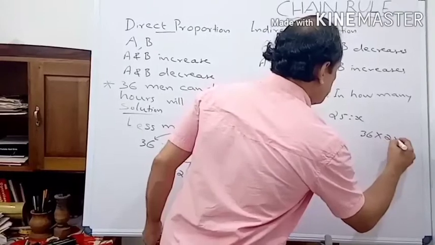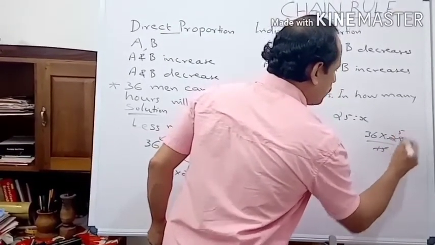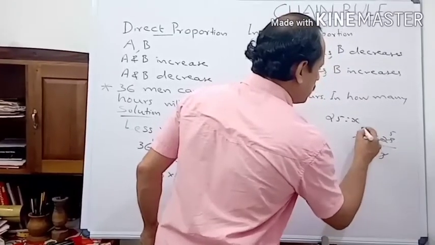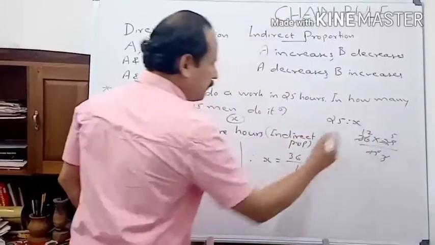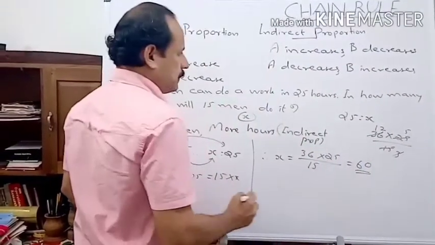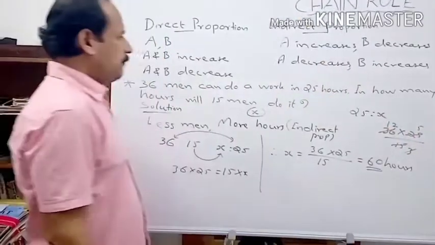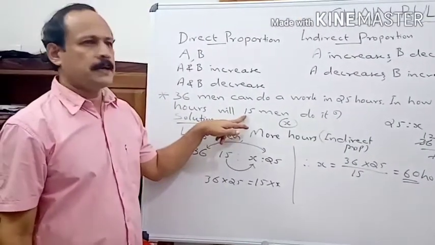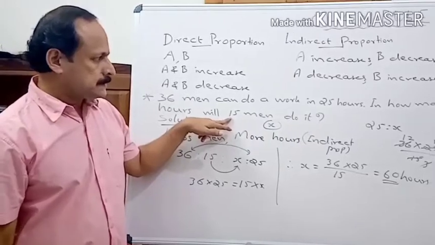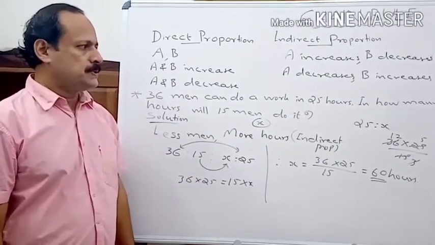Cancelling 5, and cancelling 3, it is 12. And 12 into 5, which is 60. And it is 60 hours. That is, when the number of men decreases to 15, 60 hours is needed to do the job.